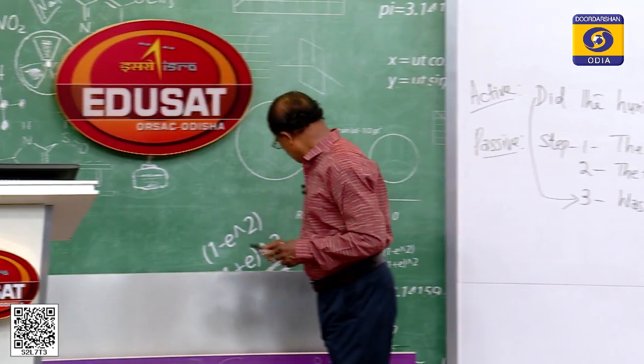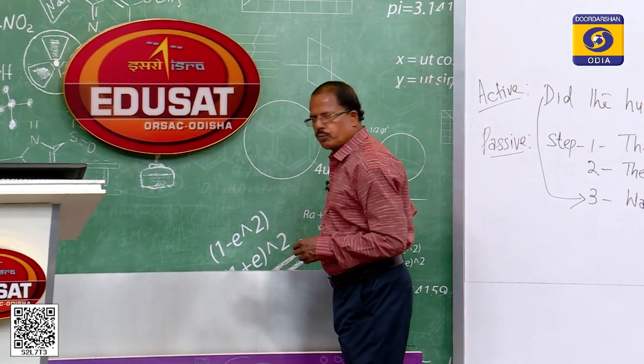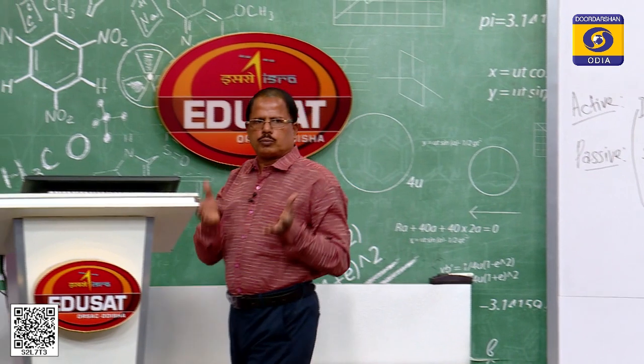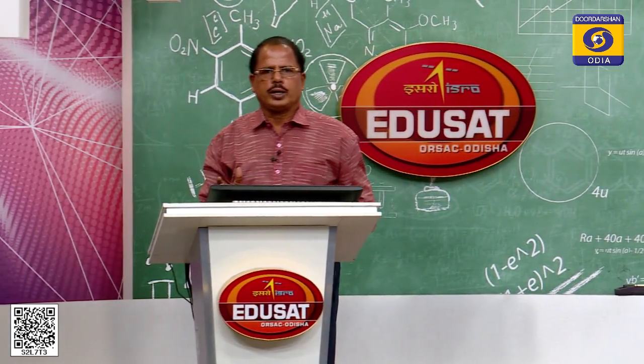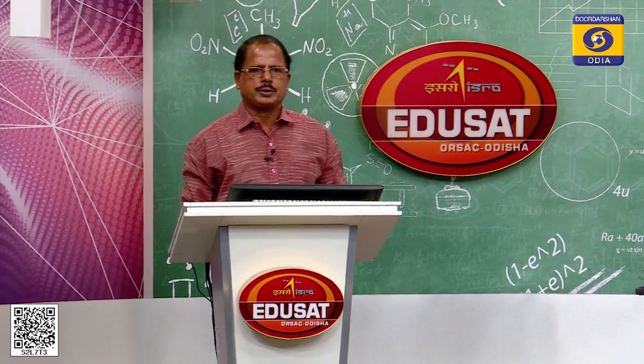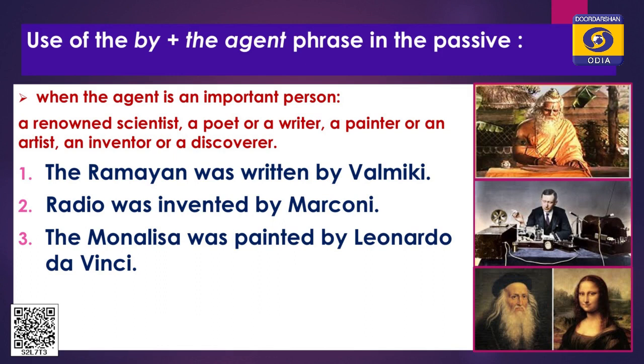Let us go on to discuss the use of the by plus agent phrase in the passive, right. When the agent is an important person, we have to use by, we cannot ignore it. As we have discussed, the thief was arrested, we cannot say the thief was arrested by the police.